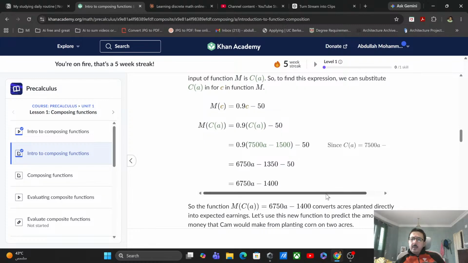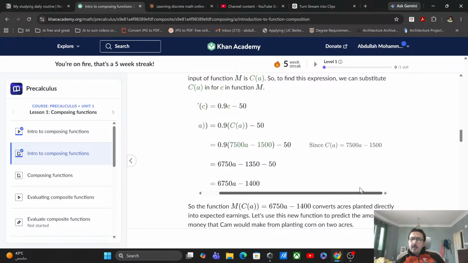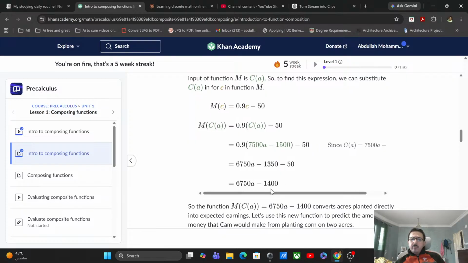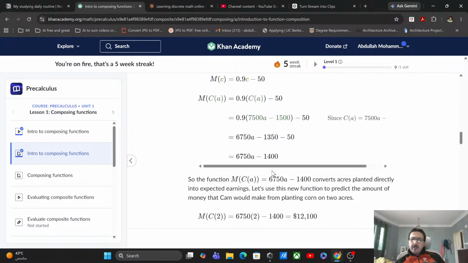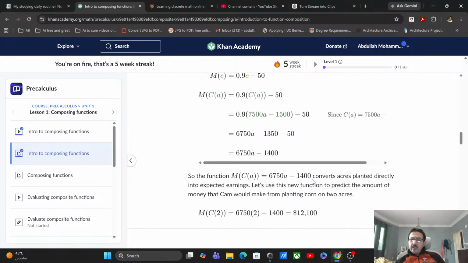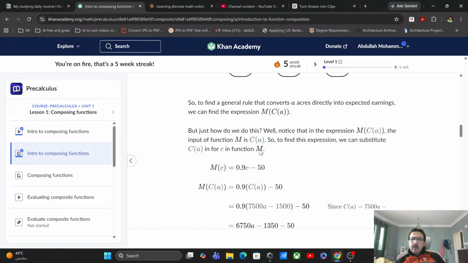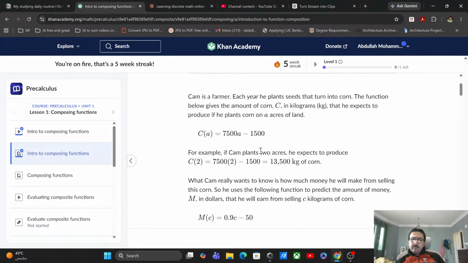What do you mean 1400? Minus 50, that's 1350 minus 50. That's 1300, not 1400. So the function converts acres planted directly. There's something wrong here.